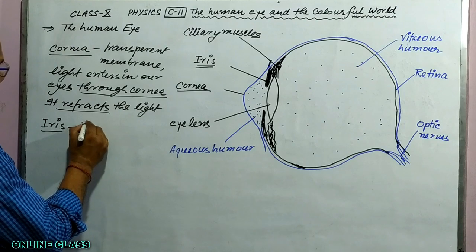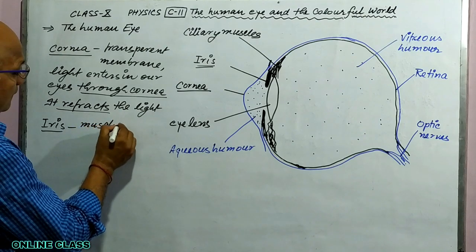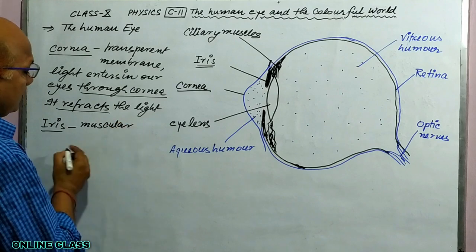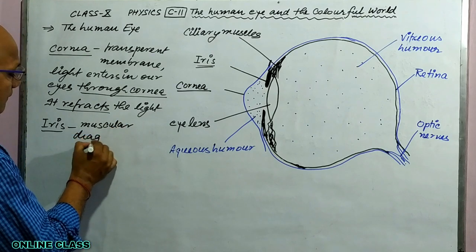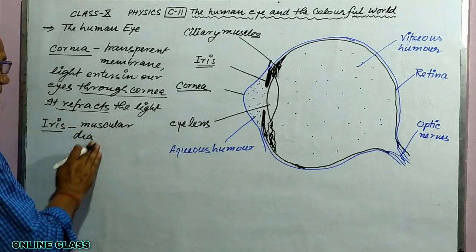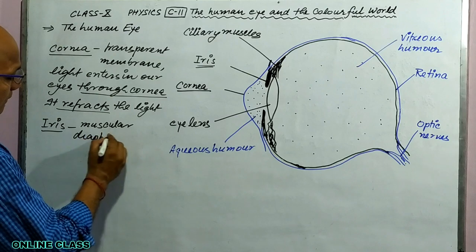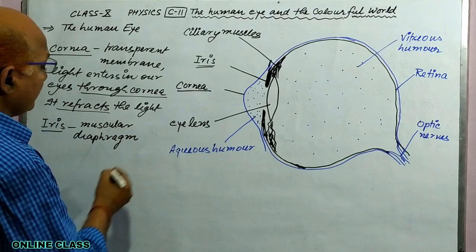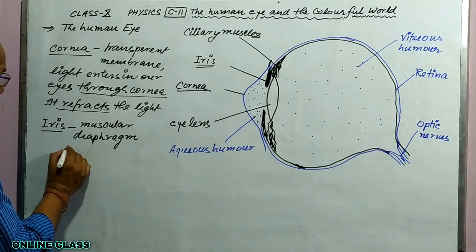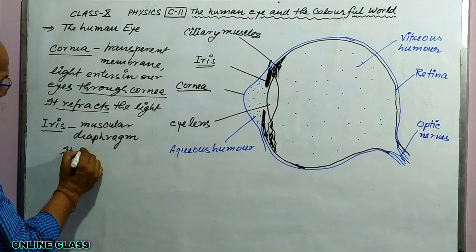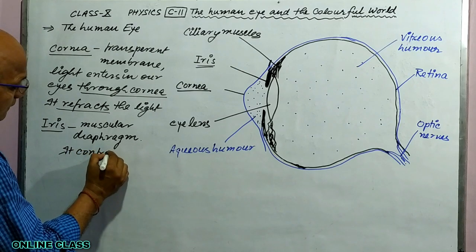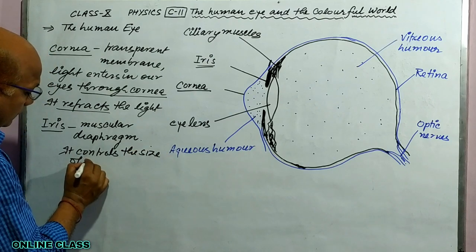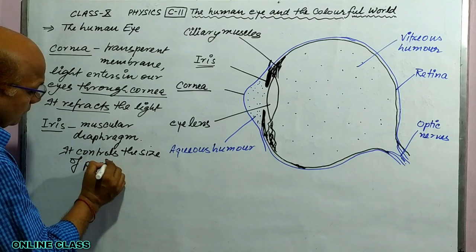It is muscular diaphragm, and it controls the size of pupil.